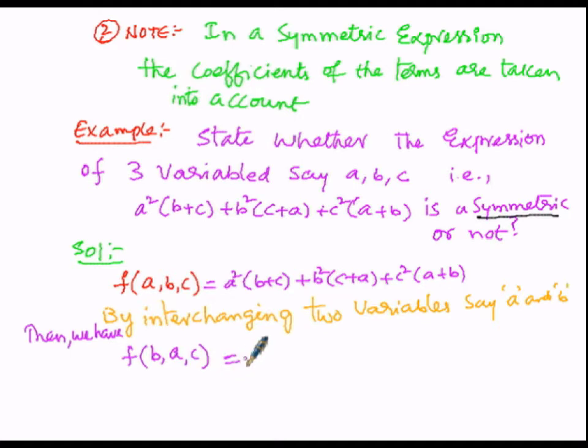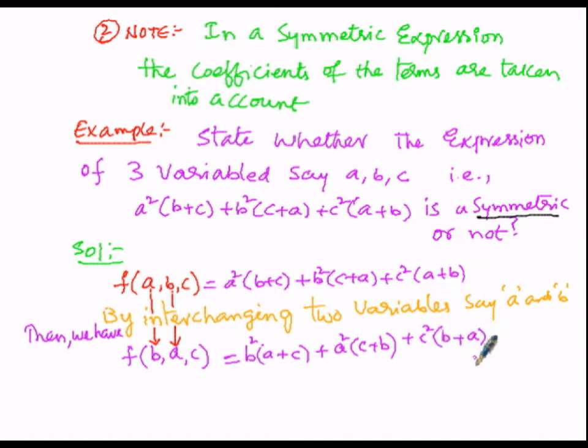That implies a square must be replaced by b square, b must be replaced by a, so b square into a plus c, c kept as it is, plus a square into c plus b, plus c square into b plus a.